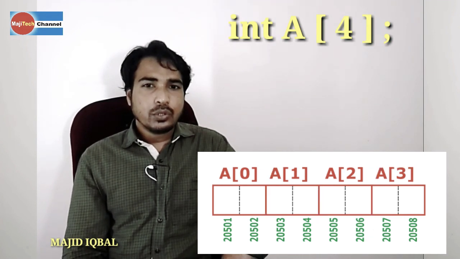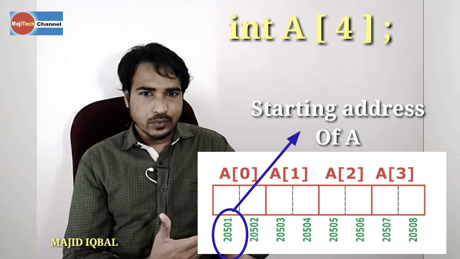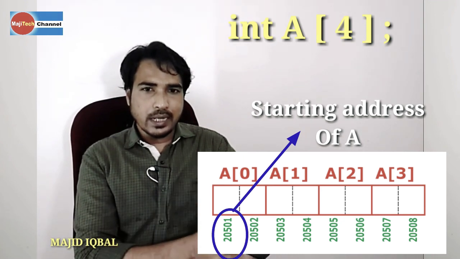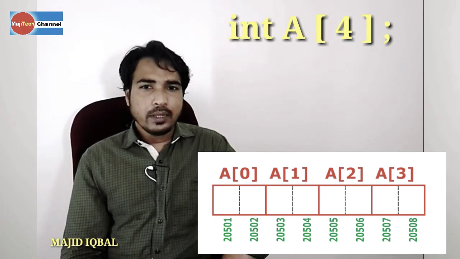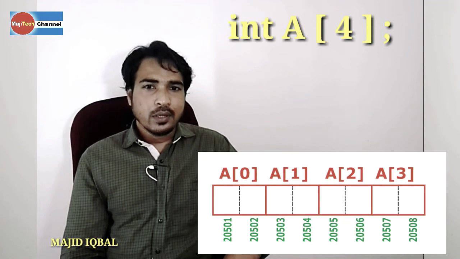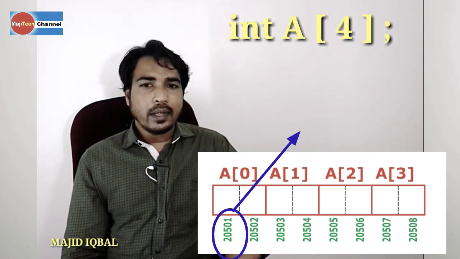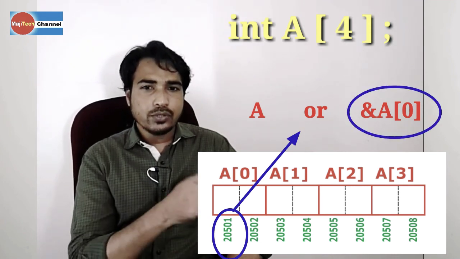Here consider 20501 is the starting address of array. Just consider, it is just an example. The real memory address will be different. And this address can be indicated by A or by the address of first element, that is &A[0].